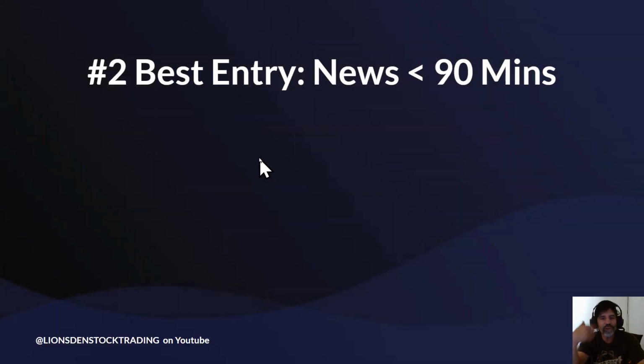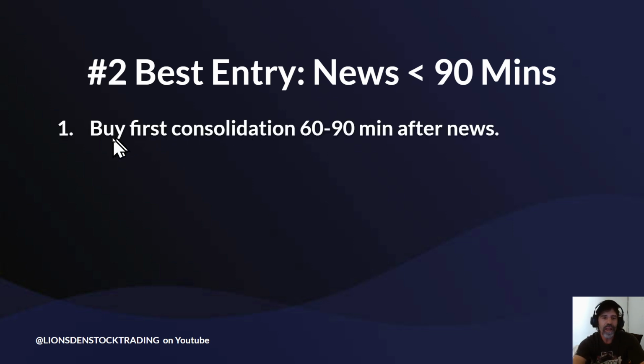So the number two best entry, or the number two best strategy in this long strategy, is within the first 90 minutes of news. And with this strategy, what I've found is that even if you wake up early, 7 a.m., some companies will release news even earlier, like 3 a.m., 4 a.m., and then they'll receive that first initial jump up in volume.